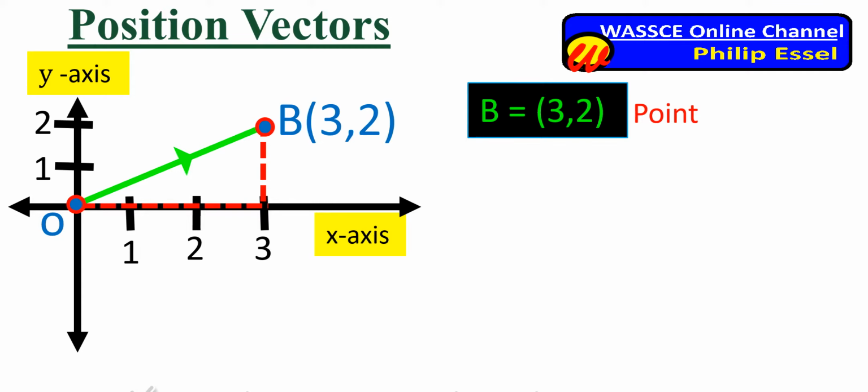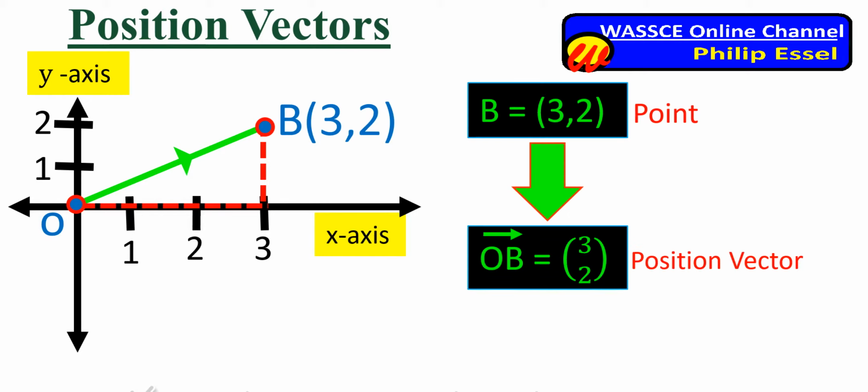What this means is that the point B has a position vector called OB. So if we are asked to write the vector OB, which is the position vector of the point B, what would it look like? What would be its X component and what would be its Y component? Well, it would look like this.